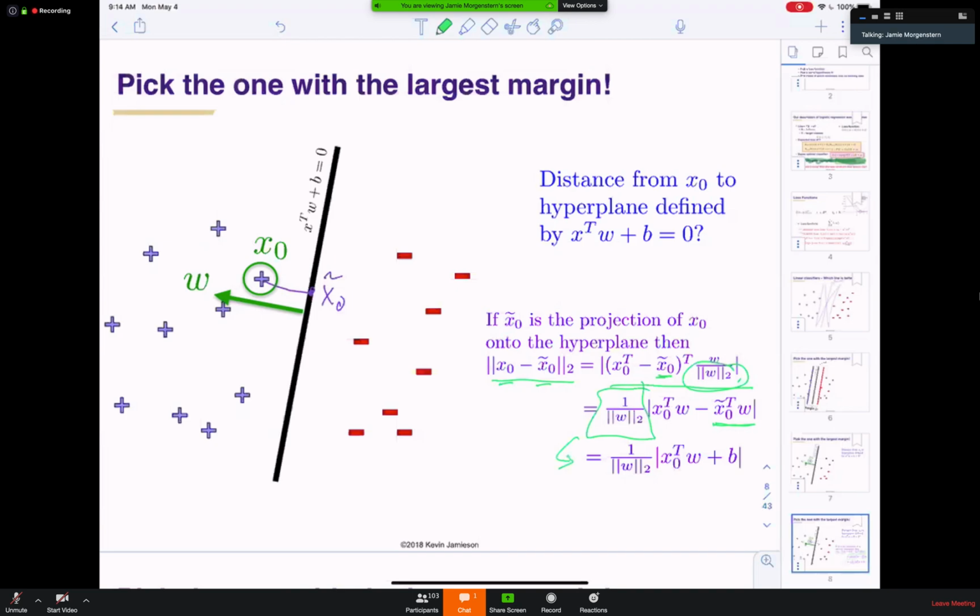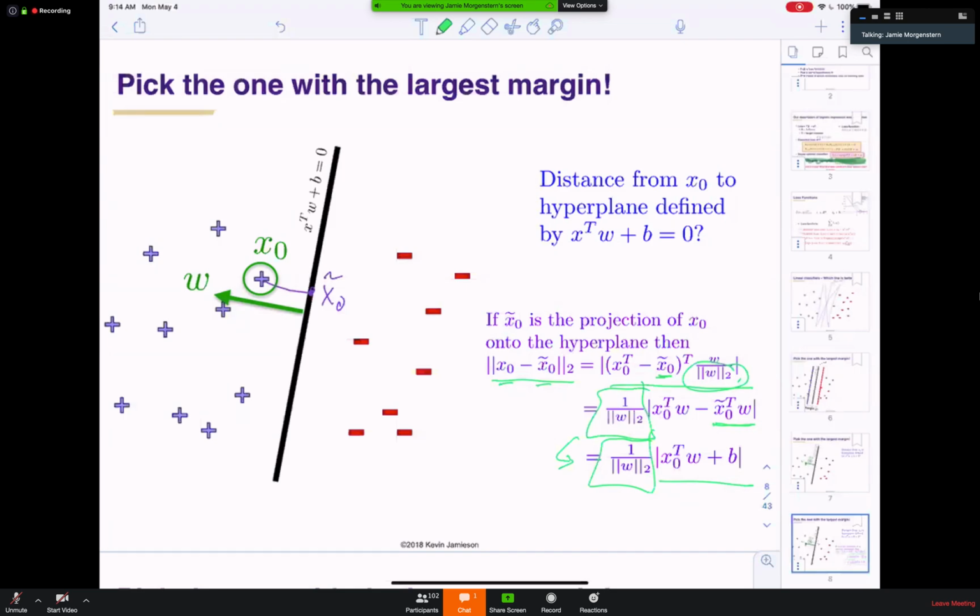Okay? So the distance between x naught and its projection onto this hyperplane is simply equal to, first, applying the linear function to x naught, and then normalizing by the magnitude of w.